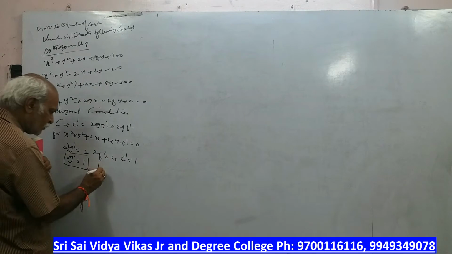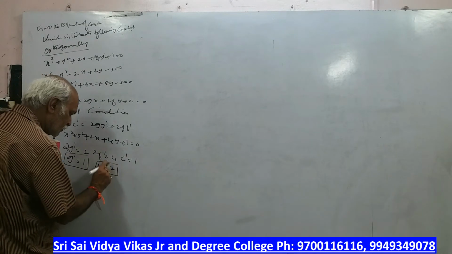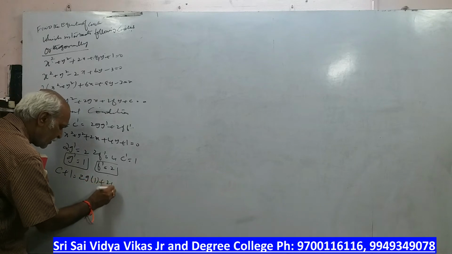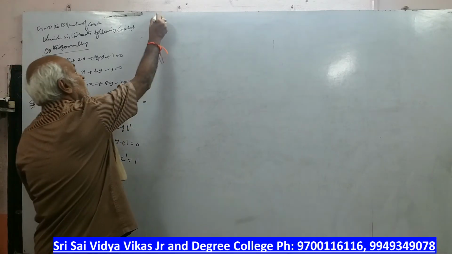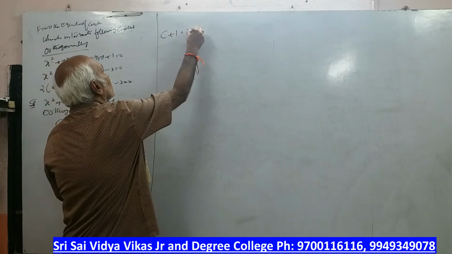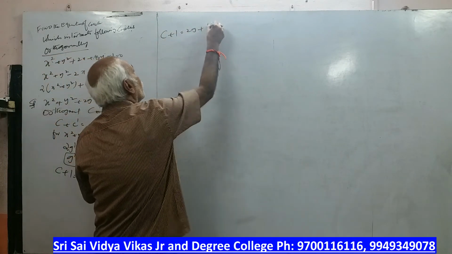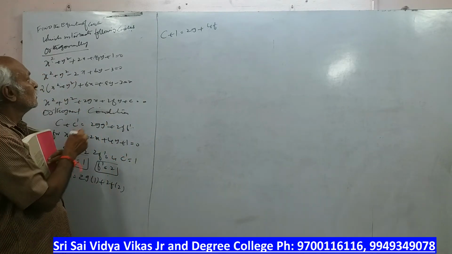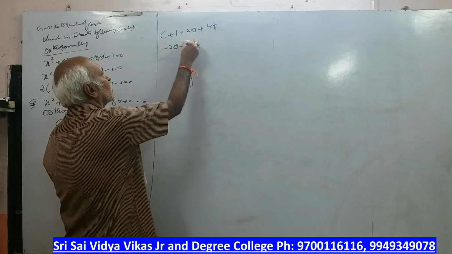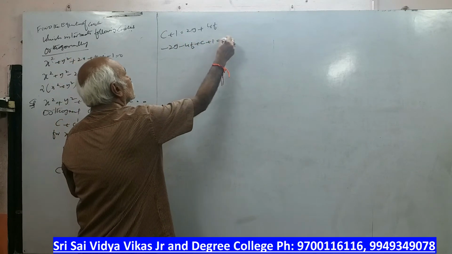So g dash is equal to 1, f dash is equal to 2. Therefore, c plus 1 is equal to 2g into 1 plus 2f into 2. Therefore, c plus 1 is equal to 2g plus 4f. Right? Observe here, 2g plus 4f. Bring the term this side. Plus c plus 1 is equal to 0.